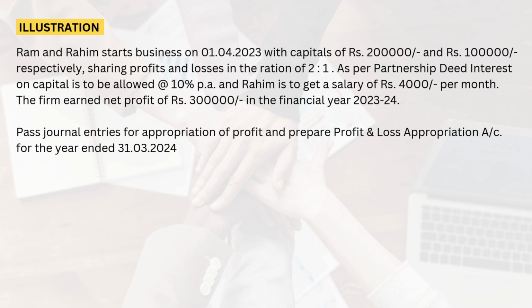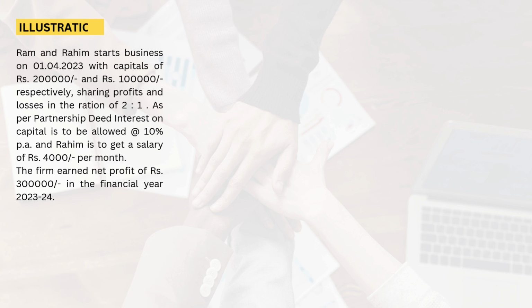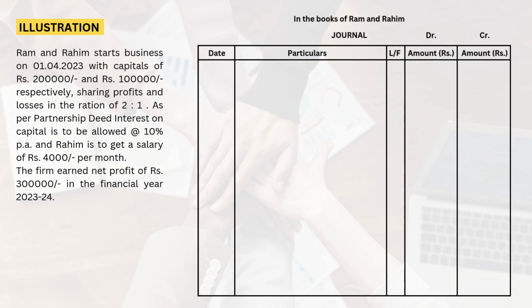Thus, here our duty is to pass the journal entries and to prepare the profit and loss appropriation account. Let's start. First, we shall draw the format of the journal. Here it is. Now see, profit and loss appropriation account is prepared after the closing of profit and loss account.